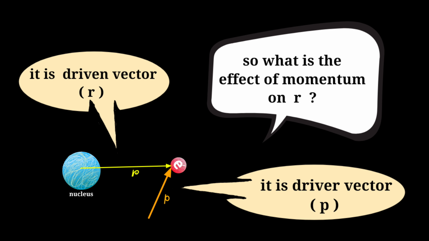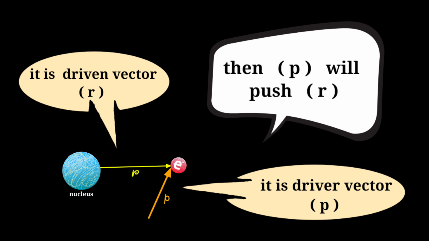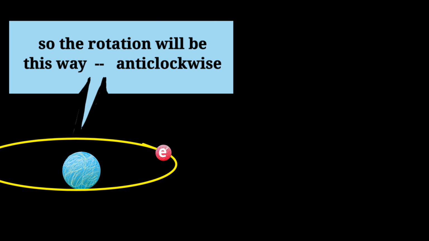Take r as the driven vector and p as the driver vector. Then p will push r. So the rotation will be this way, anti-clockwise.